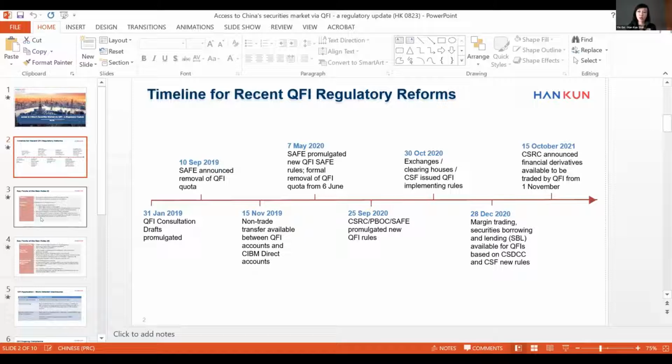I think that also shows the PRC regulators are keeping an open mind for the QFI applicants, and they welcome more specialized or more diversified investors to the QFI program.